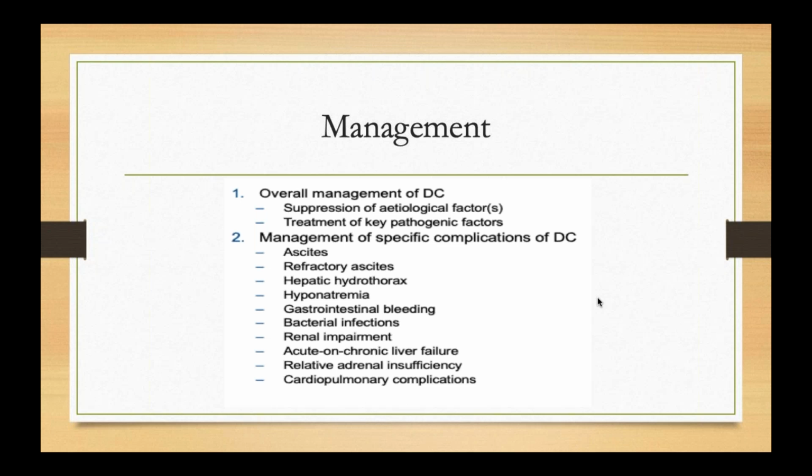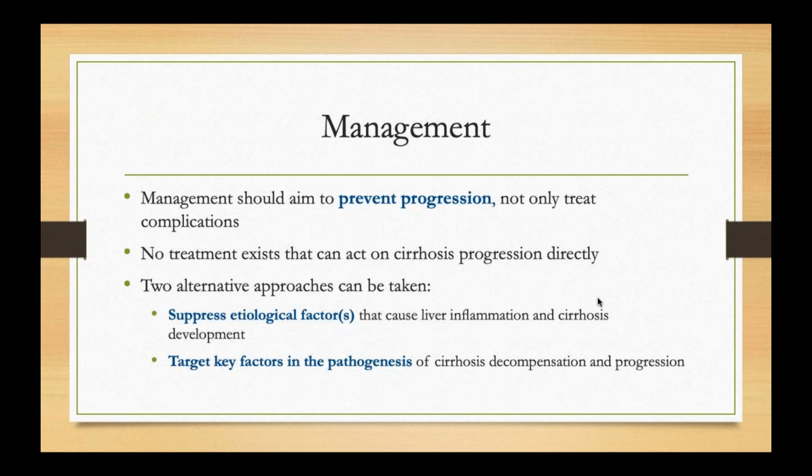You have to identify what the complications of the cirrhosis are, manage accordingly and make your plan for the patient. Management should be aimed at preventing progression, not only treating the complication. Cirrhosis progression we can't stop directly as such, but we can at least slow it down.